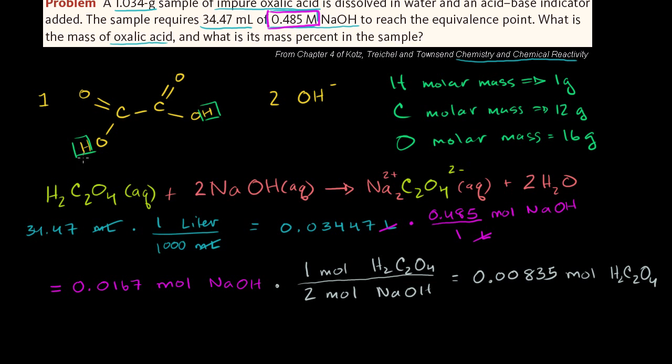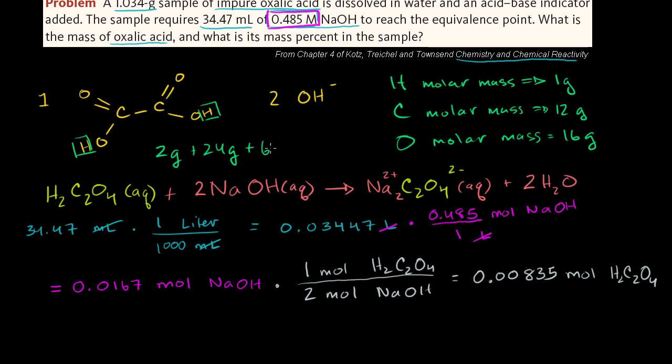So what's the molar mass of oxalic acid? Well, we have 2 hydrogens, so that's going to be 2 grams, 2 times 1 gram. We have 2 carbons, so it's going to be plus 24 grams, 12 grams for each of these carbons. And then we're going to have 4 oxygens that weigh in, if we have a mole of them, at 16 grams.